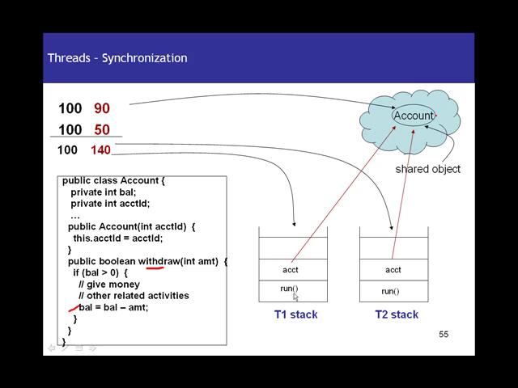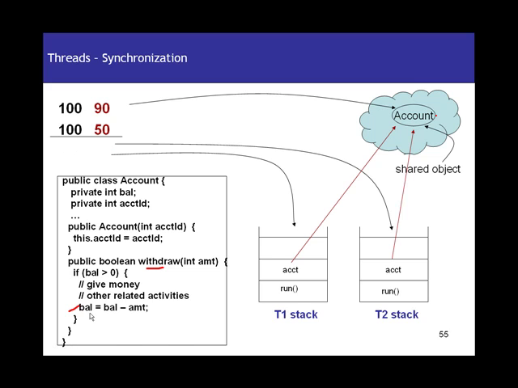So even though T1 is currently within the withdraw method, T2 cannot enter the deposit method as well, right? Because when you do a deposit, you are updating the balances, and when T1 is also updating the balances, we might have some inconsistencies again. So basically when a particular thread has a lock on a particular object, it has a lock on all the synchronized methods on that object, right?